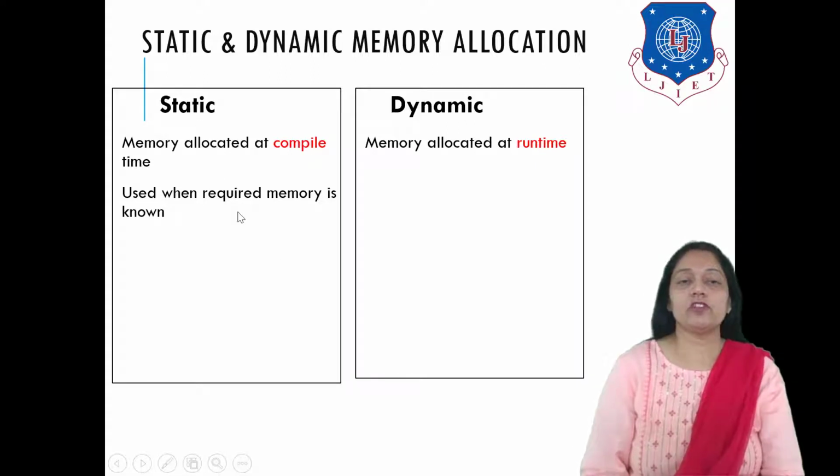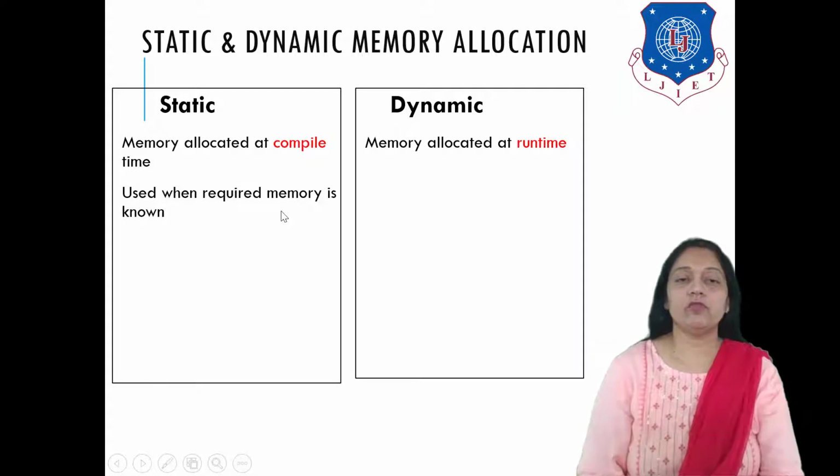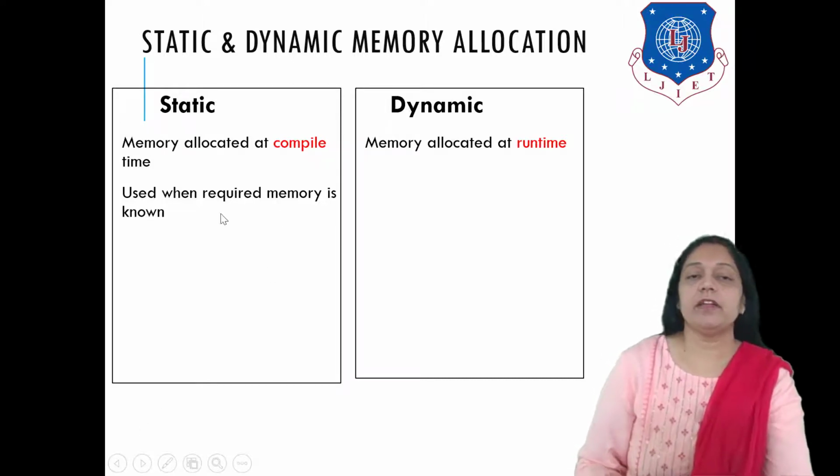Static memory allocation should be used when you are very well aware of how much memory you will require for this particular program. For example, if you want to store the data of 100 students and you know that you are not going to store more than 100 students' data, then you go for static memory allocation.